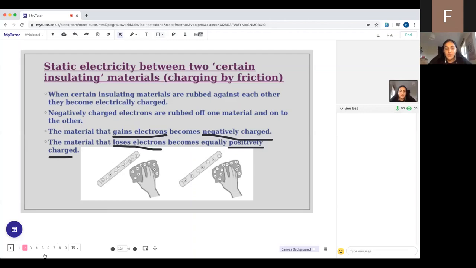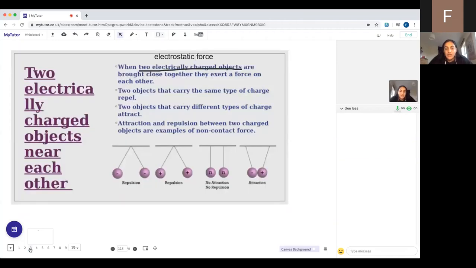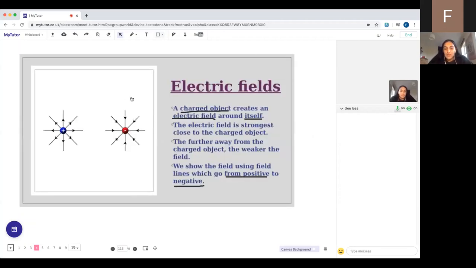Brilliant. So first of all, we covered static electricity between two insulating materials or two insulators, otherwise known as charging by friction, and the fact that gaining electrons means that we become negatively charged, and losing electrons means that we become positively charged. And then two electrically charged objects, well, if we have two like charges, they will repel, and two different charges, they will attract. Then we went through electric fields and the fact that having a normal charge can create an electric field itself.